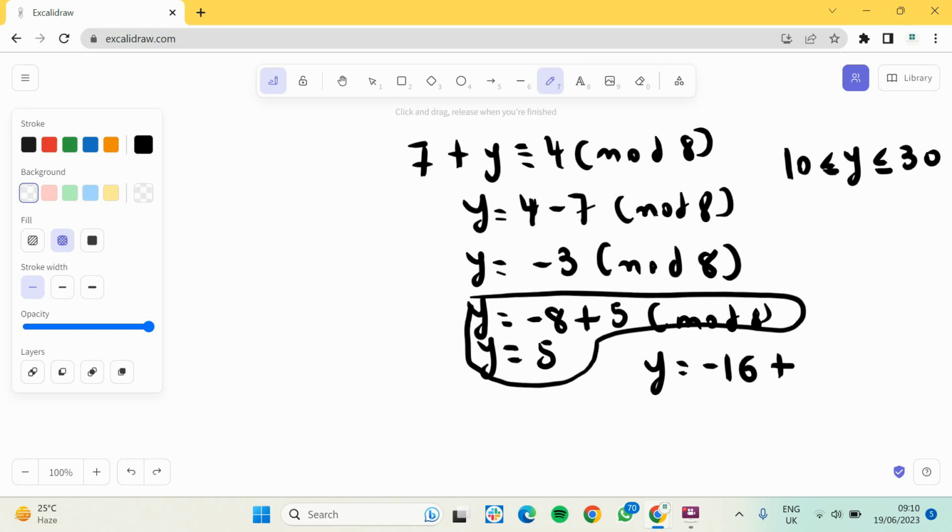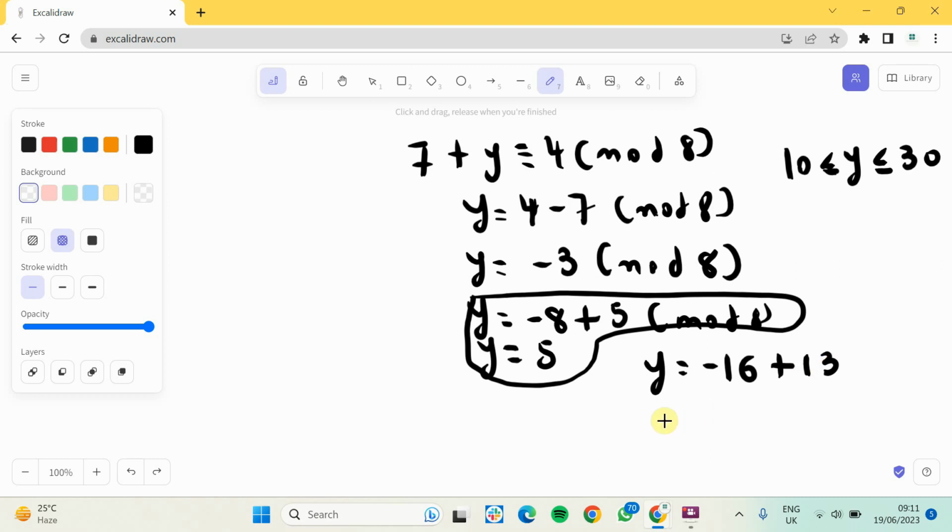I used 8. Now I'm moving further to minus 16. The next multiple of 8 is minus 16. So minus 16 plus what will give me this minus 3? You're owing somebody 16 naira, and you want to pay your debt so that it will remain only 3 naira. That means you're going to pay the person 13 naira.